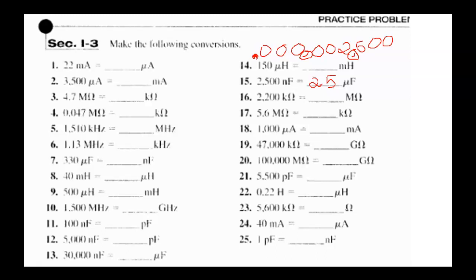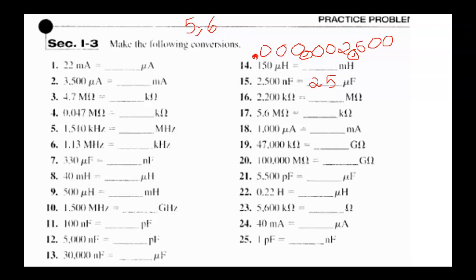So number 17. We're starting at 5.6 mega and we're moving down to kilo. No, kilo's a positive 3. So what I would start off by doing is 5, 6. All right, so mega is 10 to the 6th.